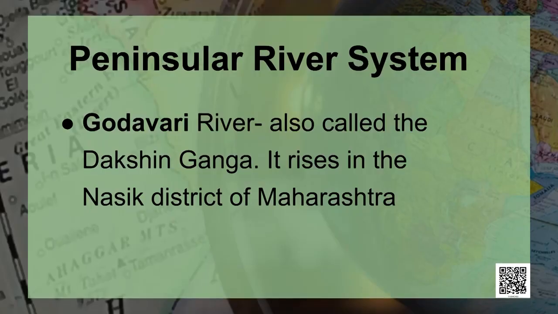The second important river of the peninsular river system is the Godavari river. It is the largest peninsular river system. It is also called the Dakshin Ganga. It rises in the Nasik district of Maharashtra and discharges its water in the Bay of Bengal.